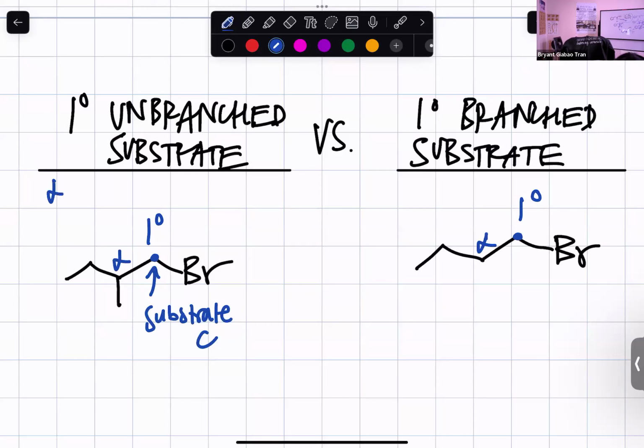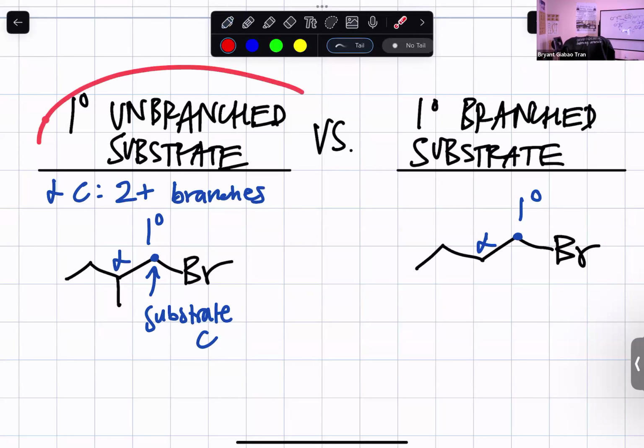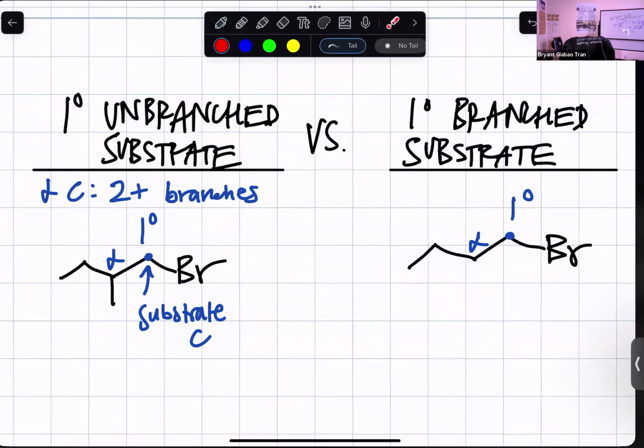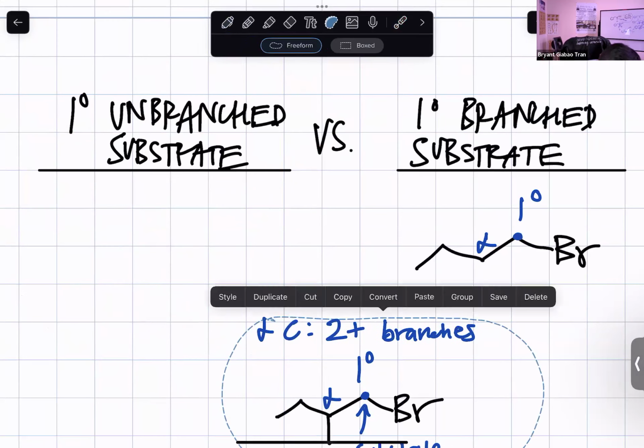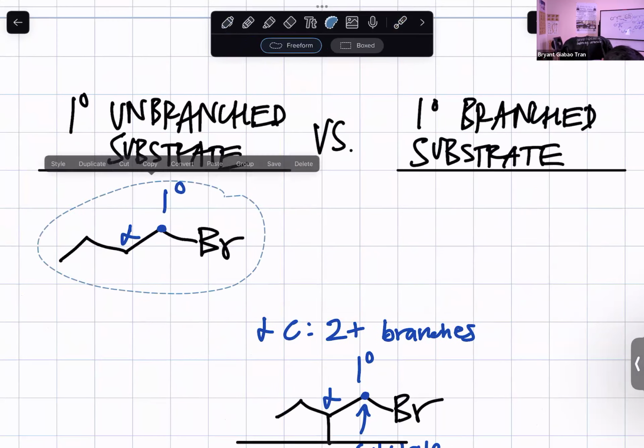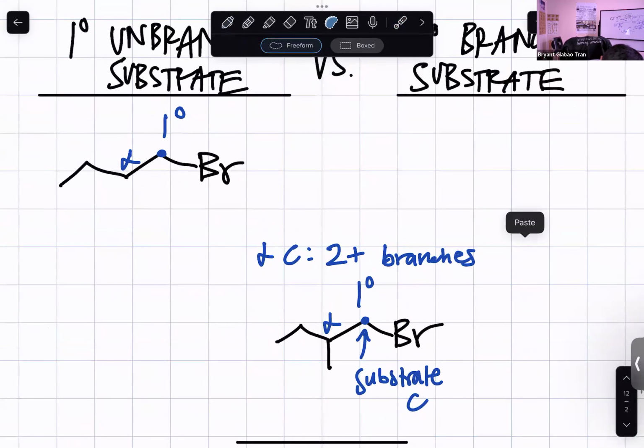If the alpha carbon has two or more branches, then the substrate is going to be considered a primary branched. I am mismatching this here. Now, this is unbranched, and this is branched.